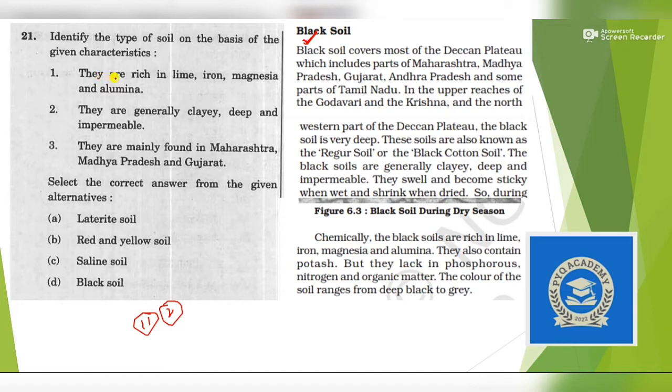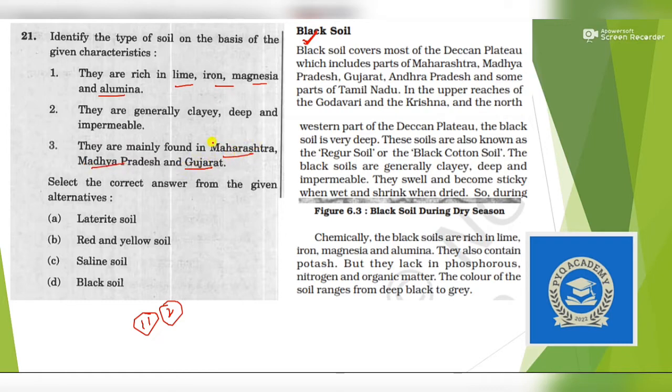The first option is they are rich in lime, iron, magnesium and alumina. The second is they are generally clay, deep and impermeable. And the third is they are mainly found in Maharashtra, Madhya Pradesh and Gujarat.